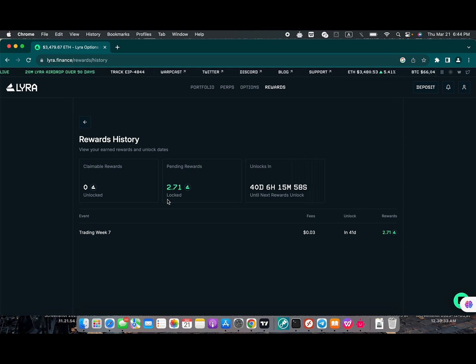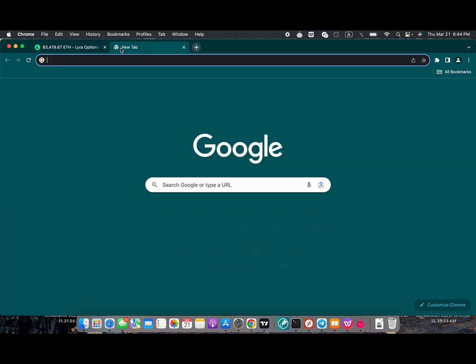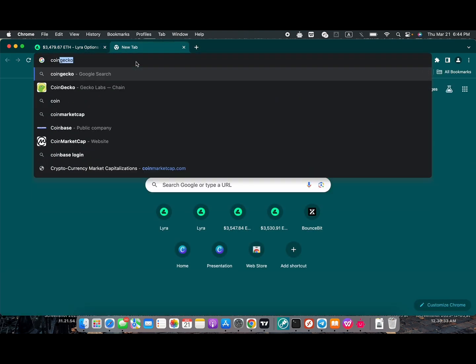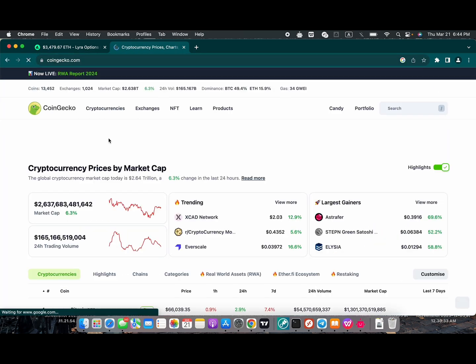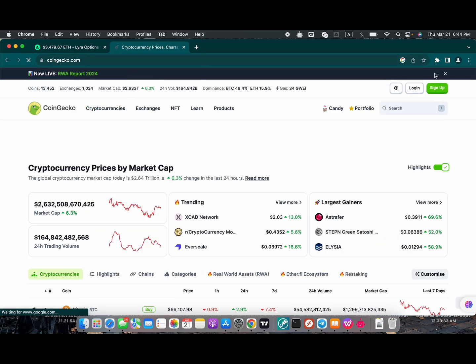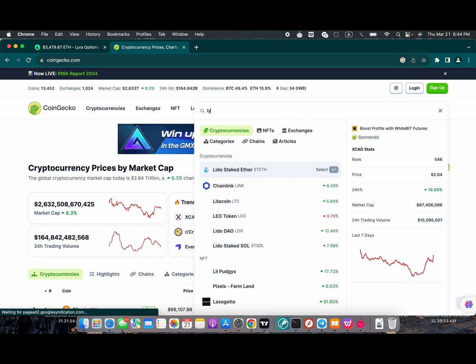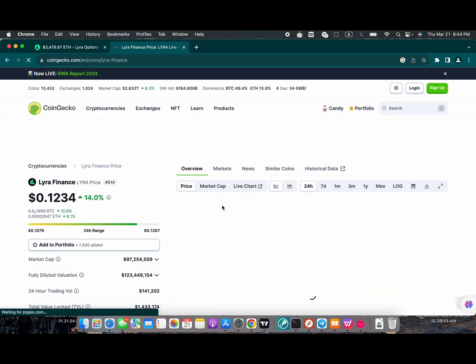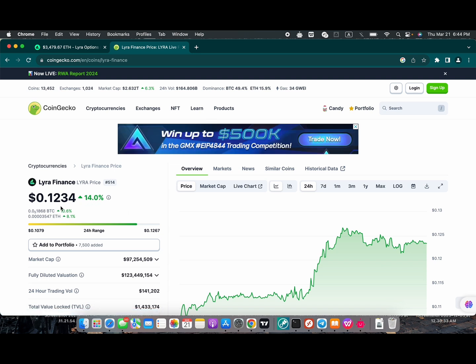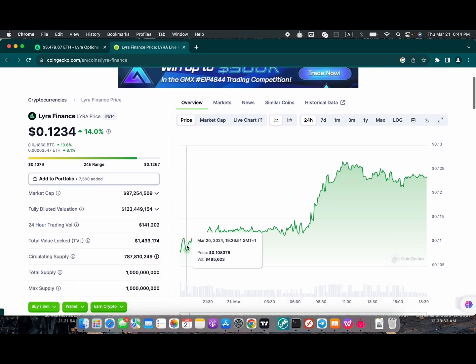Let's check CoinGecko. So 1 Lyra is actually 12 cents, so $0.12.